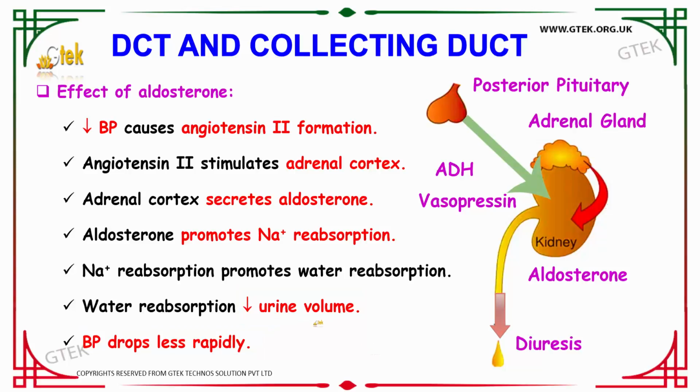So this indirectly says that when your BP drops, the volume of your urine that is secreted will be reduced, and which in turn says that your BP has dropped down. In this condition, the sodium absorption will be high and reabsorption will be high. So this is the effect of aldosterone.